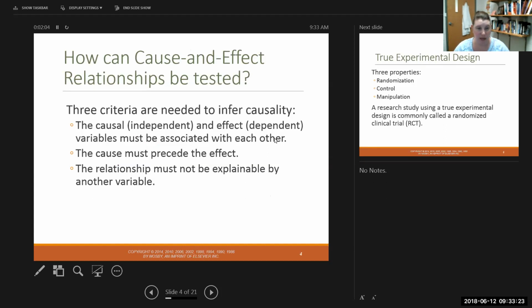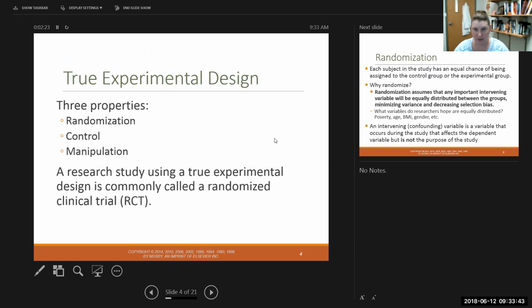That the independent variable will affect the dependent variable. They have to be associated with one another. The cause must precede the effect. So again, the intervention comes before that which we measure, the data that we collect, the dependent variable. And the relationship must not be able to be explained by any other variables.